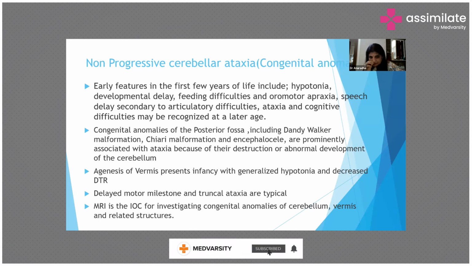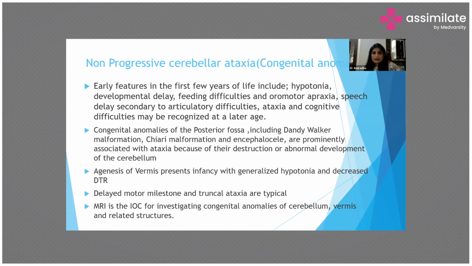Agenesis of vermis in infancy with hypotonia and decreased DTR. Delayed milestones and truncal ataxia are typical. MRI is the investigation of choice for congenital anomalies. You have to see the vermis, cerebellum, and what is happening to the adjoining structures.